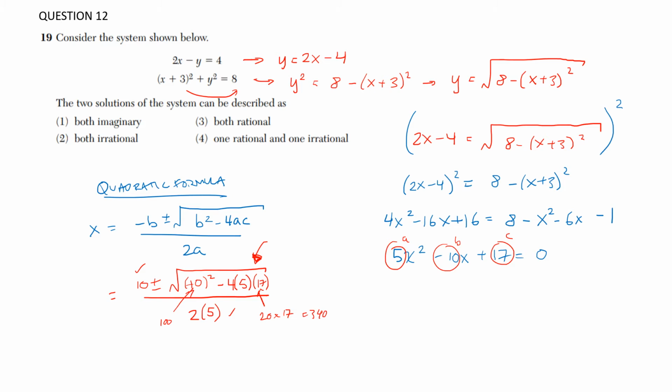That's going to be a negative number inside, and you won't have a real solution if you have a square root of a negative number. So we know that both answers will be imaginary, because taking a square root of a negative number will always get you imaginary roots. So the answer here is choice 1.